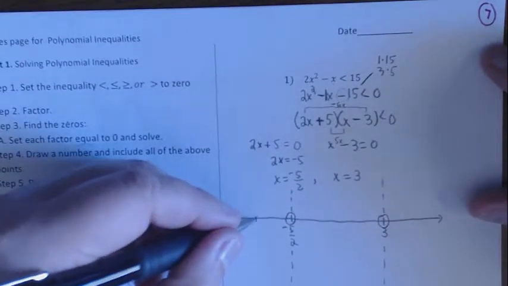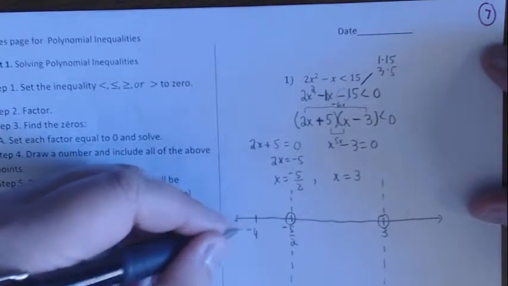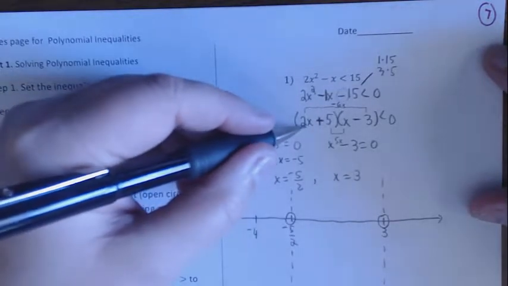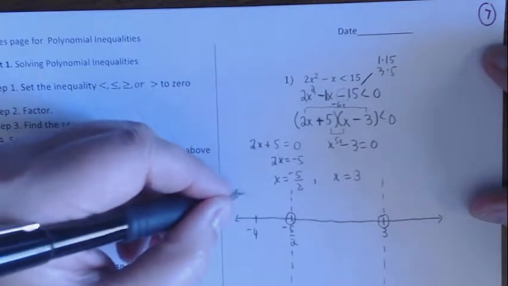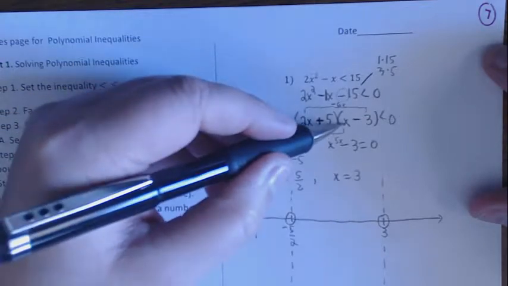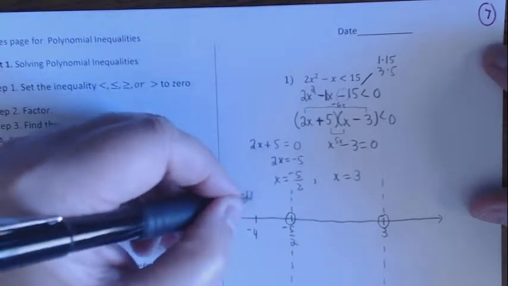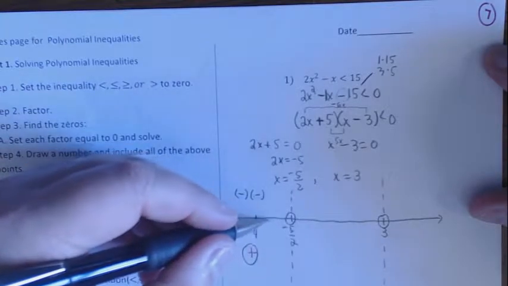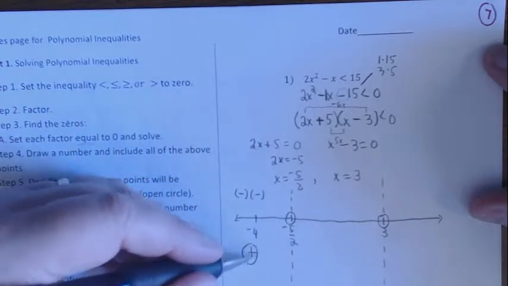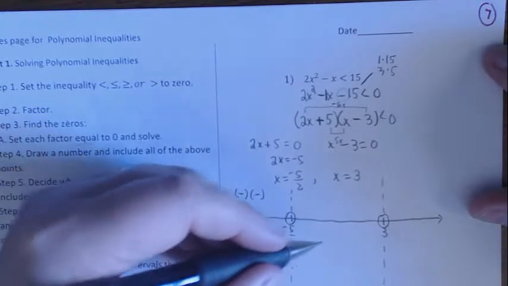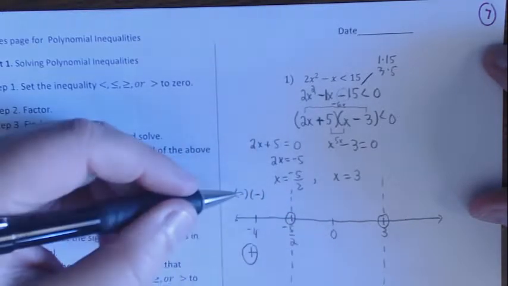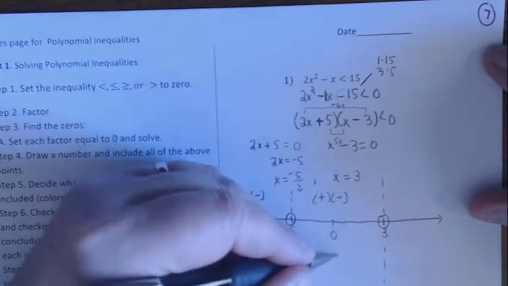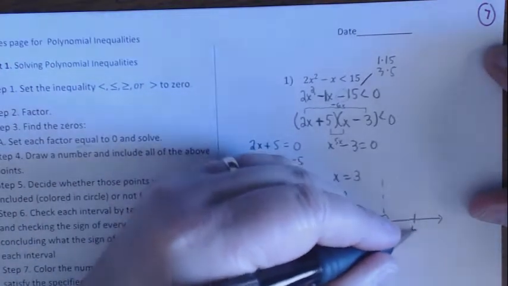And now it's time to pick numbers that represent every x value in each region. So I pick negative 4. If I put negative 4 in the first binomial, I get negative 3 times a negative 7. So the negative times a negative is a positive. If I pick 0 in the middle region, it's going to give me a positive times a negative, which is a negative.